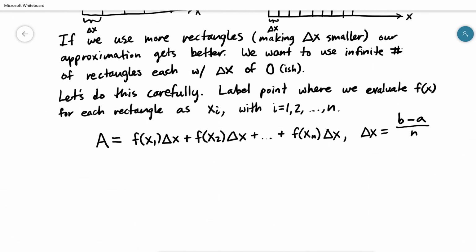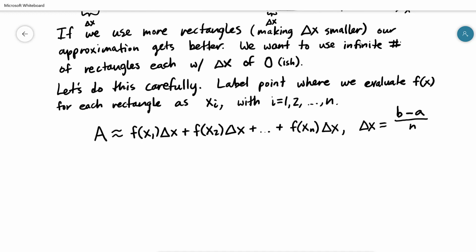Okay, so I want to write out our formula. One thing I need to make sure I made clear, this is not exact, we're still approximating, so this is approximately true. Right, we're using n rectangles to come up with our approximation.